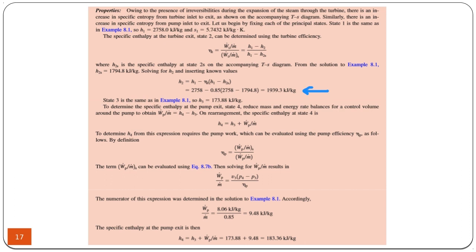So from here, we can calculate the actual pump exit enthalpy, which is higher than the isentropic pump enthalpy, because of the same reasons again: because of the irreversibilities such as fluid friction and the pump impeller, we have a higher enthalpy at the exit of the pump than in the ideal, isentropic case.